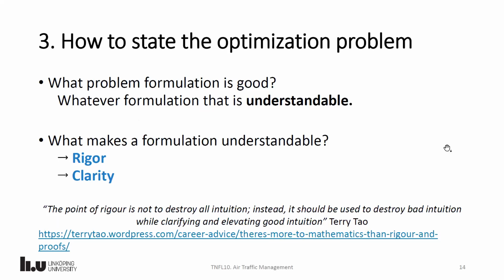Instead, it should be used to destroy bad intuition while clarifying and elevating your intuition." And here's an article about rigor and clarity and how they are important and how to balance them. In this class, we are going to try to balance these two concepts.